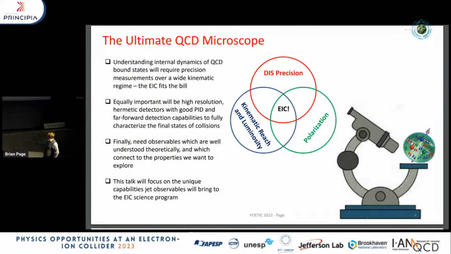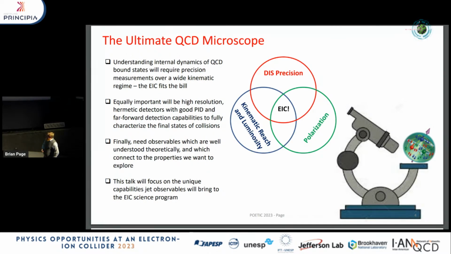So we also need a state-of-the-art detector in order to take advantage of the collisions that the machine is going to provide us. So we need wide coverage, not only in the central region, but far forward and far backward, with precision tracking, good PID, calorimetry over the full range of the central detector.